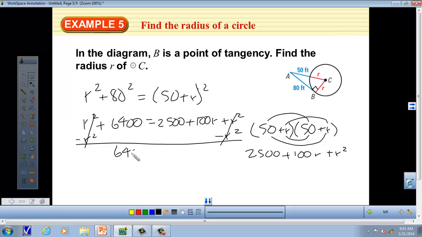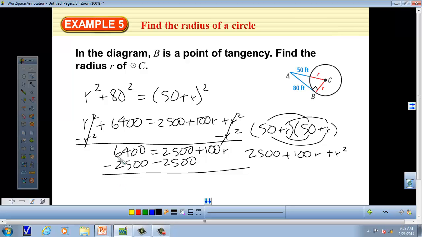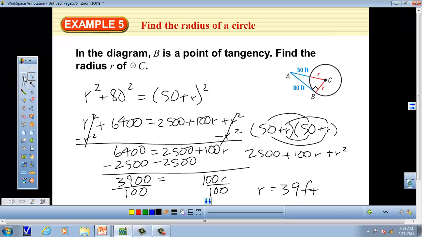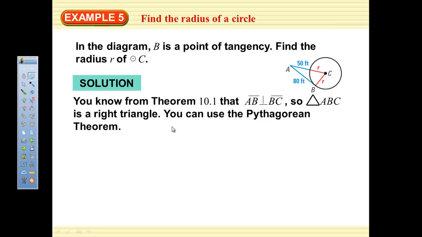We end up with 6400 equals 2500 plus 100r. Subtracting 2500 from both sides, we end up with 3900 equals 100r, and dividing both sides by 100, we end up with a radius of 39 feet. Okay?